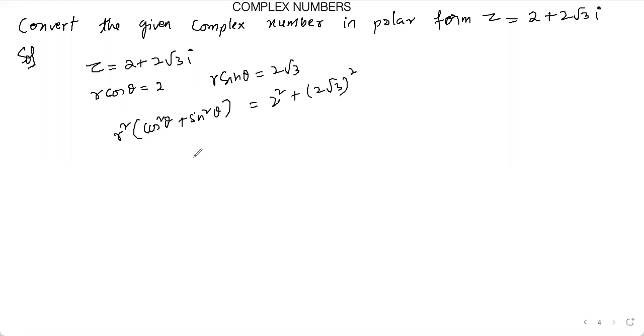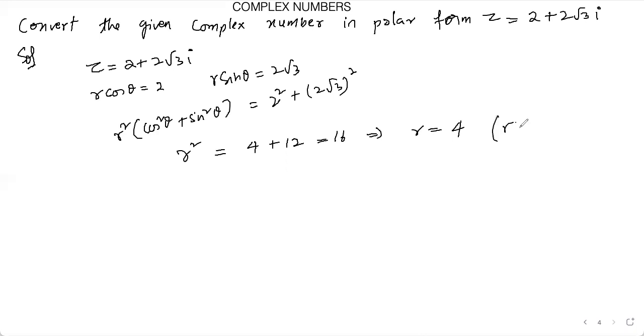Further this will be r square, with cos square theta plus sin square theta being 1. So this will be 4 plus 4 into 3, which is 12, so 16.